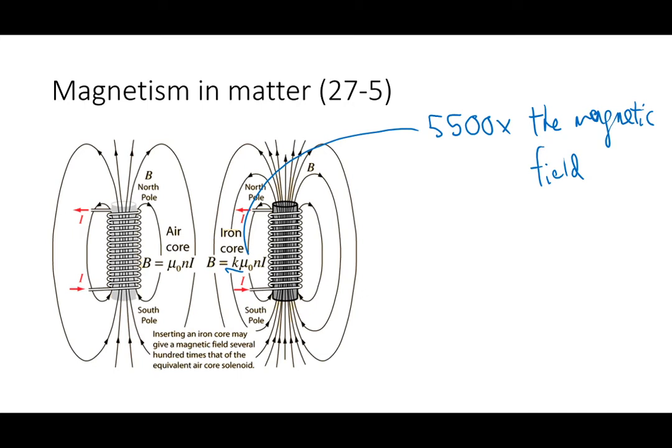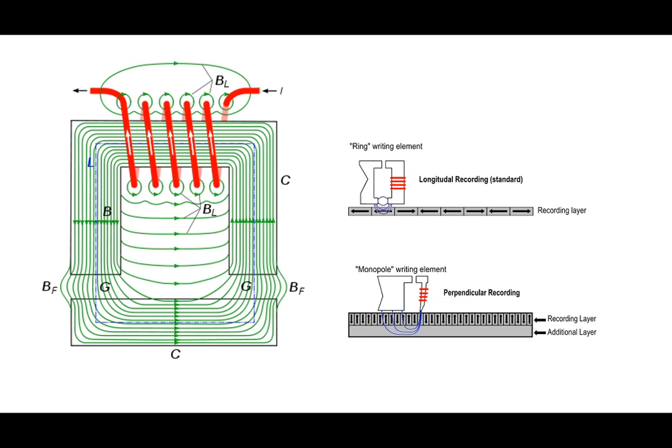And not only do these materials work to enhance or amplify the magnetic field effect, they also have the effect of channeling the magnetic field, because it's much easier for the magnetic field to go in the material than otherwise. So last time I showed you the application of a hard drive, and this is how you can make use of these materials to channel. The coil was up here in the red, generating the magnetic field.